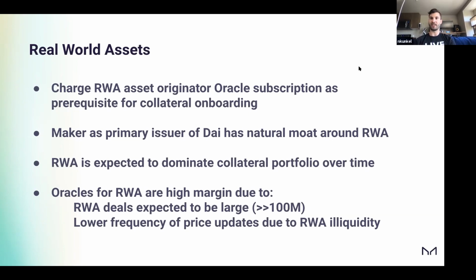I believe that one of the variables should definitely be the DAI supply, right? In terms of how much is expected, what is the debt ceiling of this real world asset, right? So on a $1 billion real world asset, we should expect to make more on the oracle than we do on a $100 million real world asset, than we would on a $10 million real world asset.